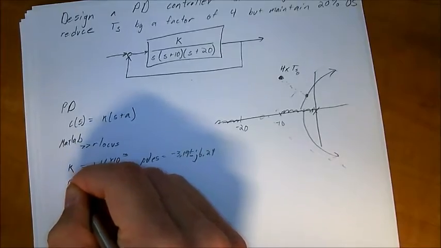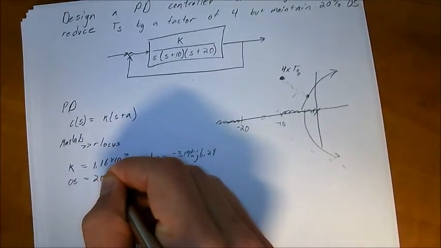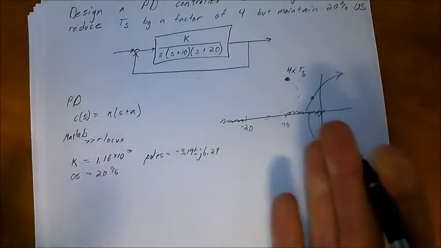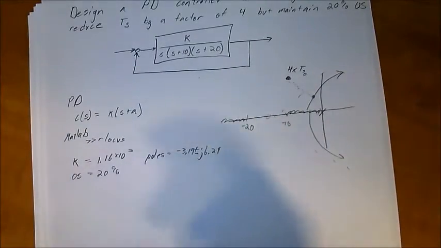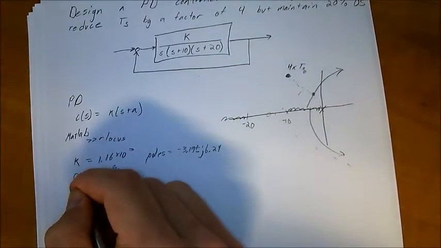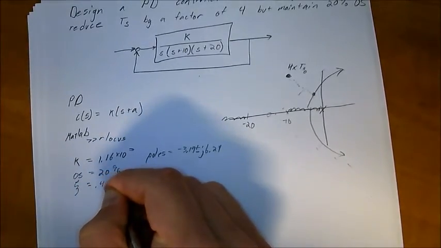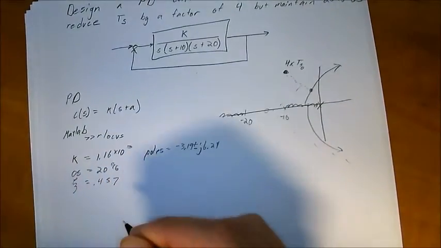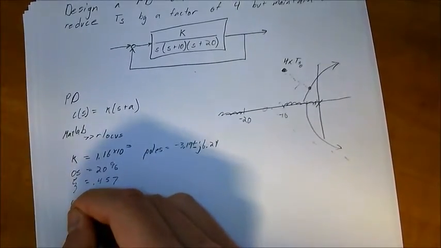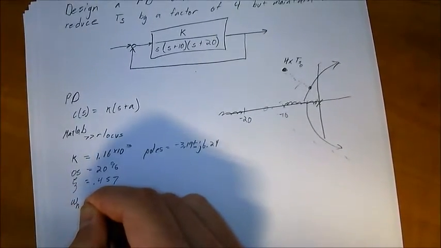Alright, and then this is where the OS is equal to 20%, because that's where all systems have to operate, at 20%. Okay, and then zeta is going to be equal to 0.457. Now you have to calculate omega n here real quick.